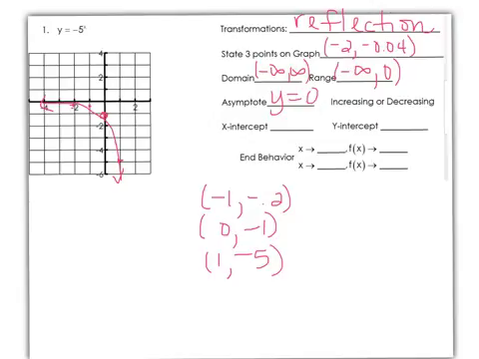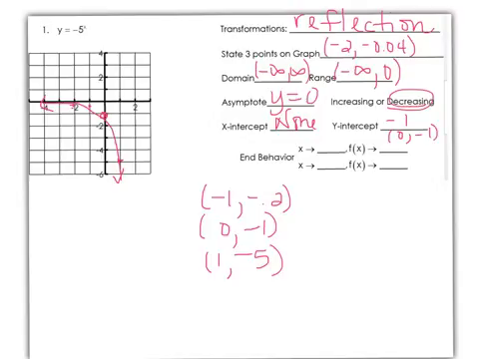Now, if we look at our graph from left to right and we just trace it, we see that it is decreasing. Our x-intercept, well, we don't have an x-intercept, but we do have a y-intercept at -1. You can either write -1 or you can write 0, -1.